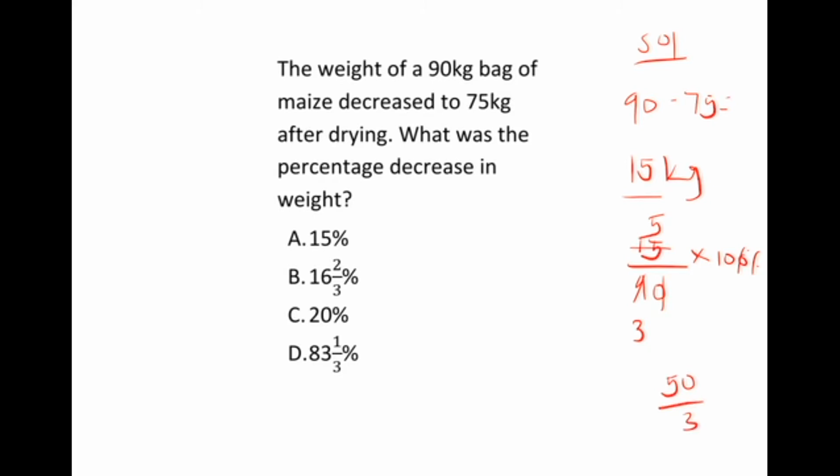Then let us use the long division method. So we shall have 50 divided by 3. We ask ourselves, which number will we multiply by 3 to give us 5 or a number near 5? We find that it is 1 because 3 times 1 will give us 3. 5 minus 3 will give us 2.